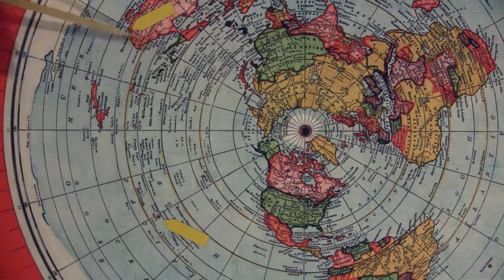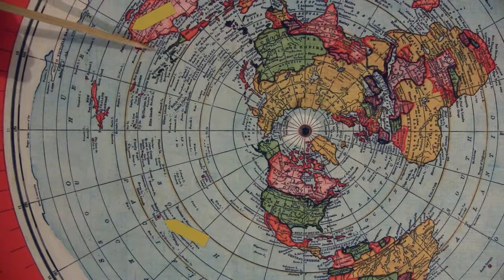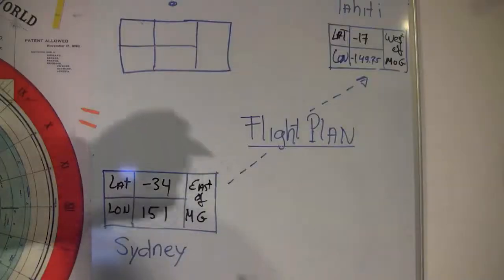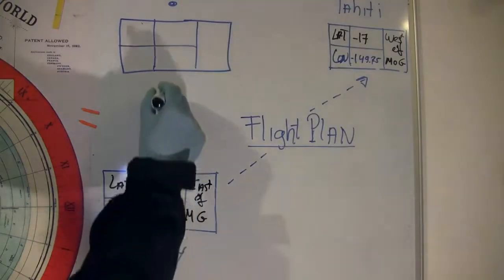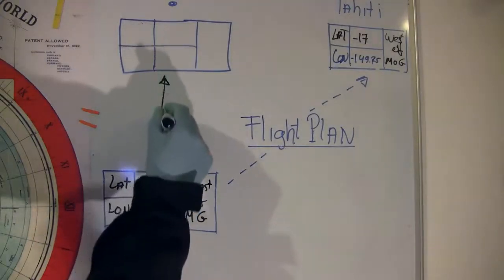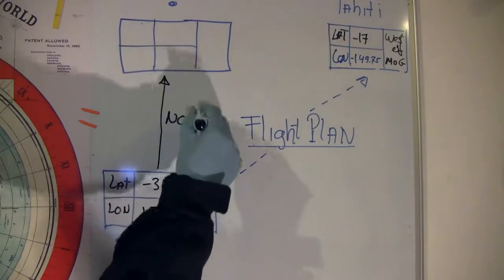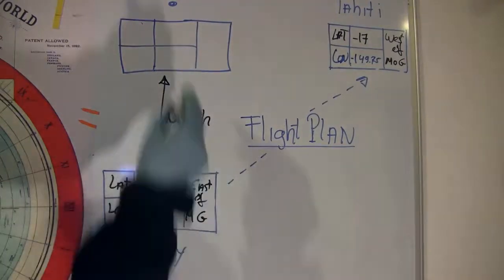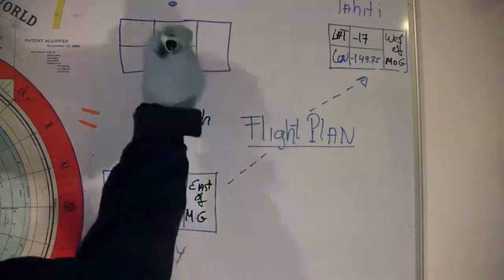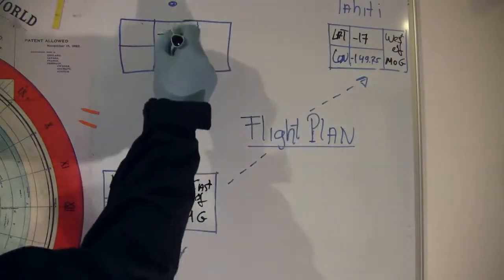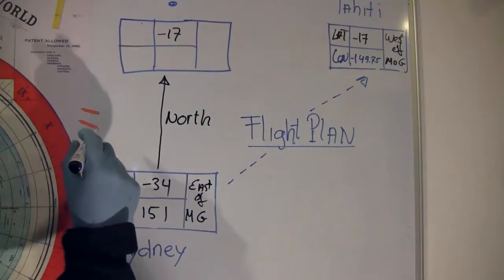The question is the next coordinates to turn east. Let's find out. From Sydney, we have to fly on the same latitude north until we reach latitude minus 17 degrees.